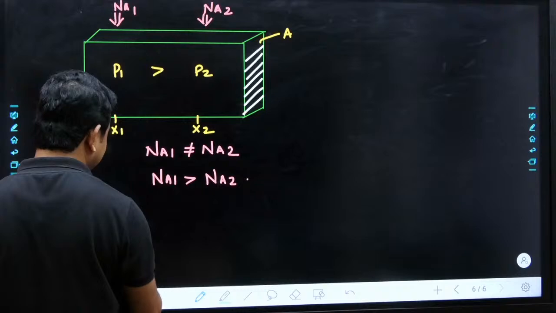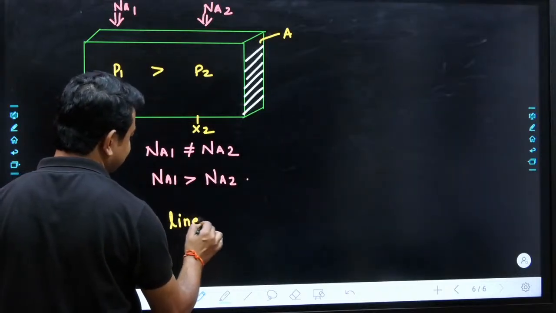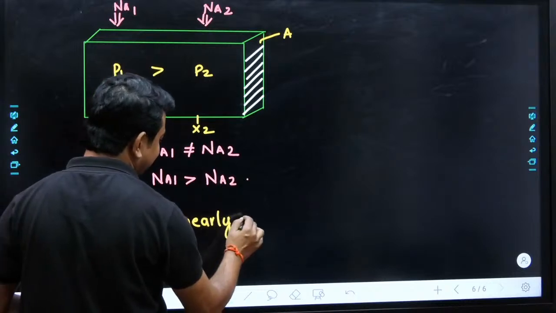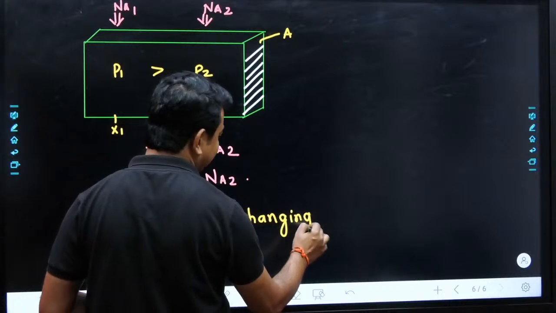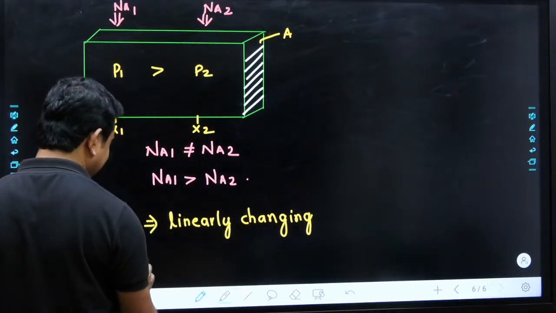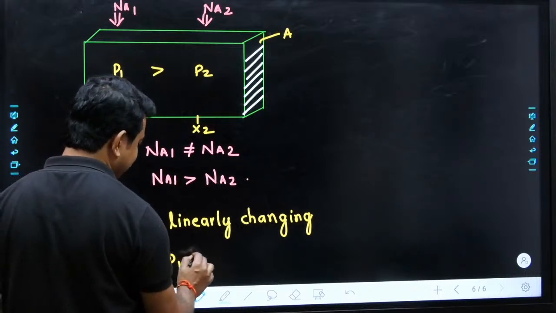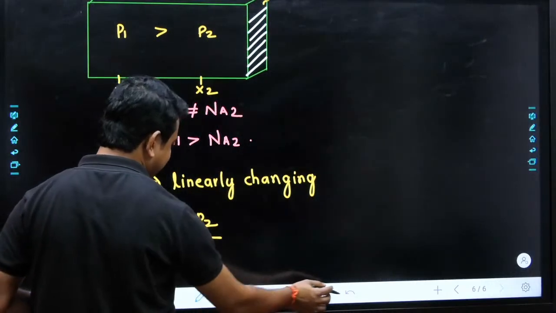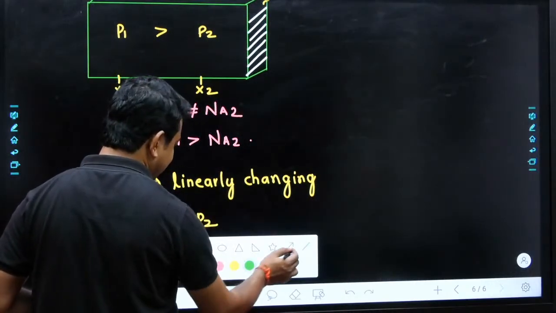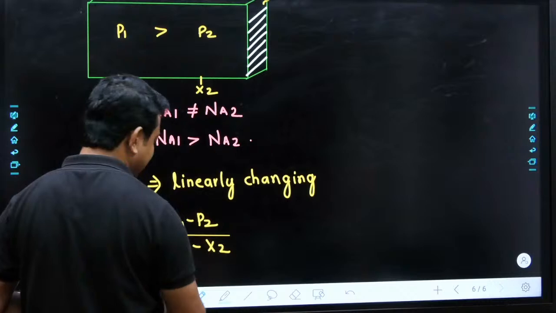So, dP by dx, if it is changing linearly with respect to distance, then we can directly write dP by dx as P1 minus P2 divided by x1 minus x2. Okay, this is the way.